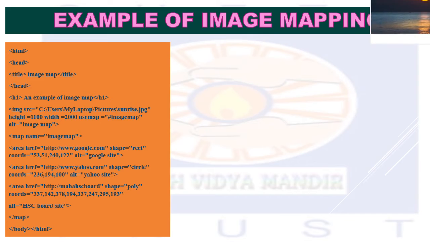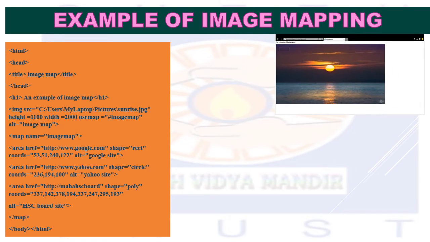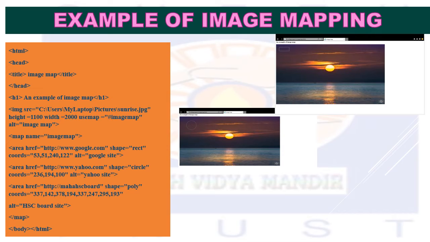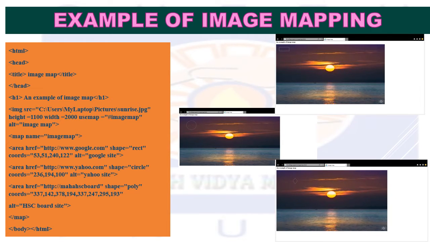Just see the output, students, how you are getting it. Here comes the first output, that is shape rectangle. See, this is the image. You can see on the top left corner a rectangle is seen. This is the hotspot of the rectangle. Next comes the circle over here, and then comes the next one, that is the shape polygon. You can see over here, students, all the 3 shapes are seen on a particular image with different coordinates.